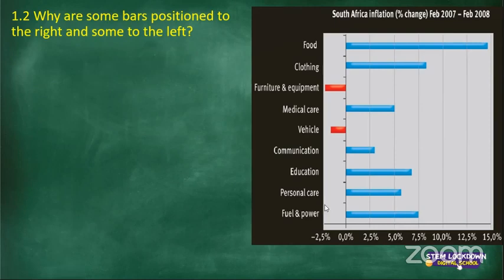Okay, I see here you're saying the ones that are positioned to, okay, Tsepang didn't finish typing. They are moving into the negative percentage.